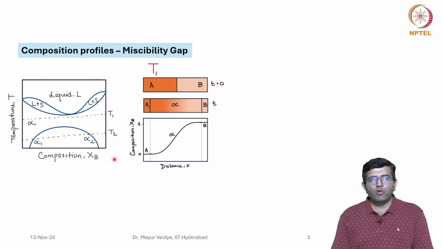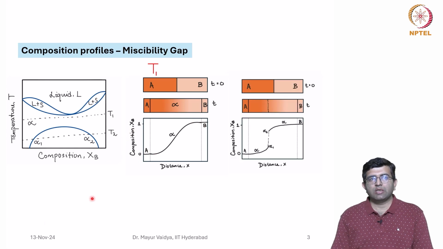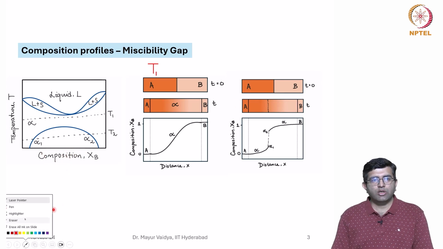Now, if you take the example of the diffusion couple which is heated at T2. So, the same diffusion couple, if we heat at T2, let me just indicate first that it is the temperature T2.